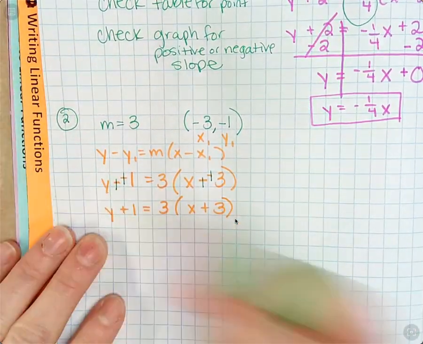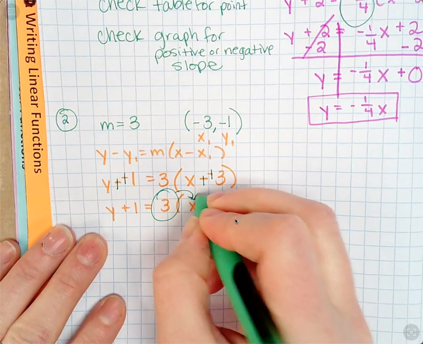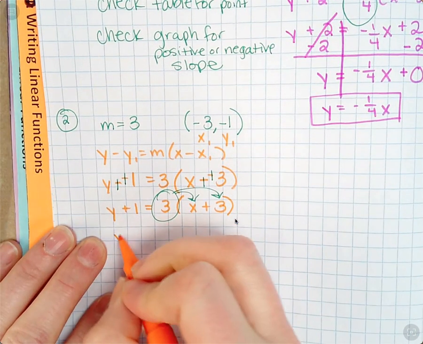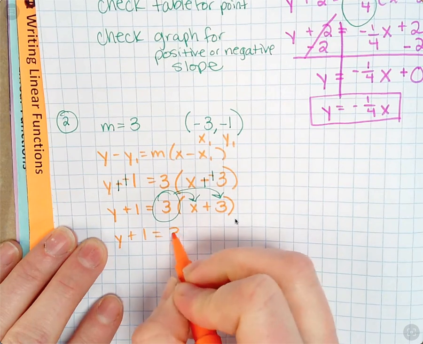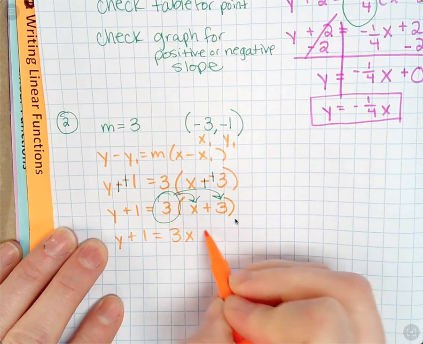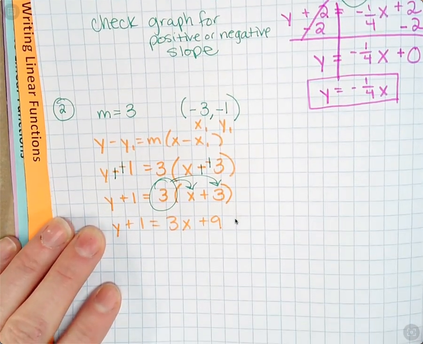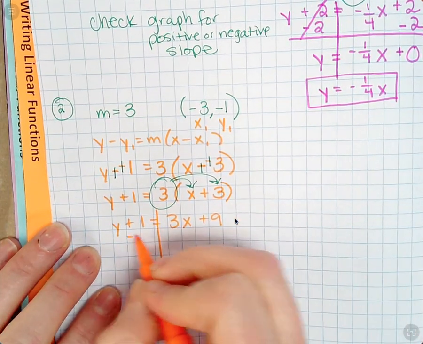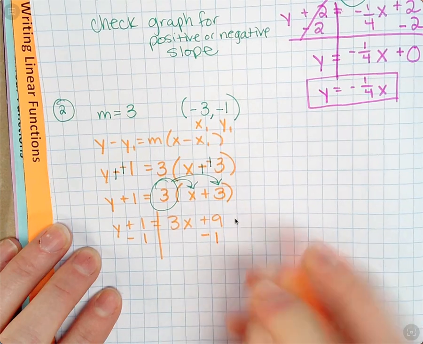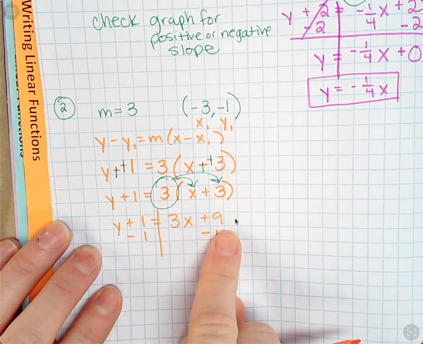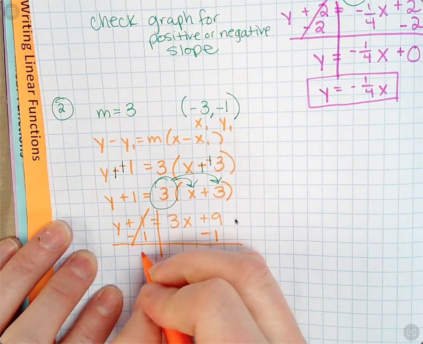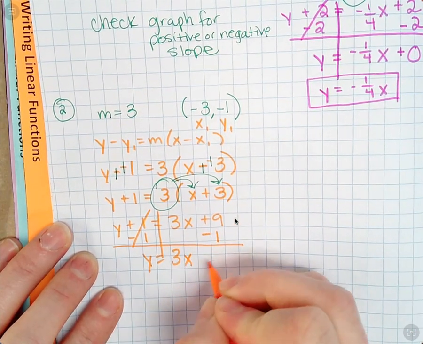Then our next step would be to distribute the 3 to everything. So this is y plus 1 equals 3x plus 9. Minus 1. So don't put it under the 3x, put it under the constant, which is 9. So it's y equals 3x plus 8.